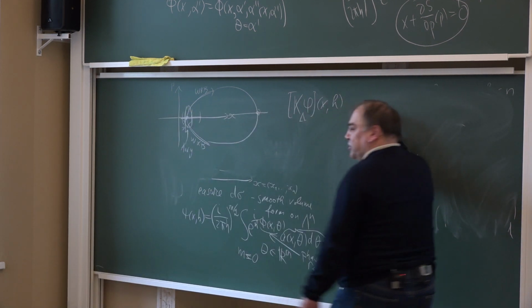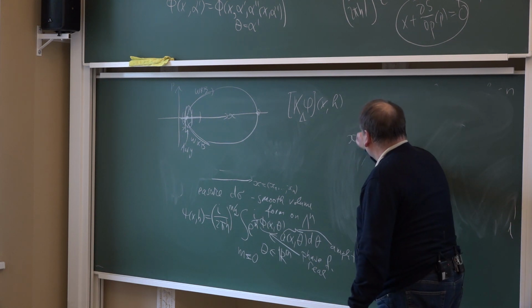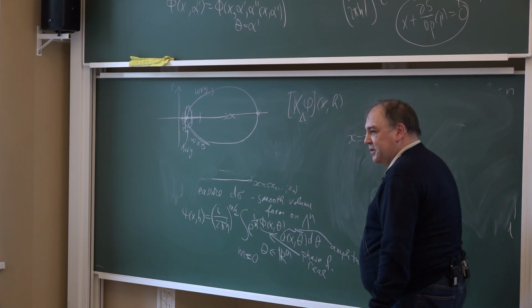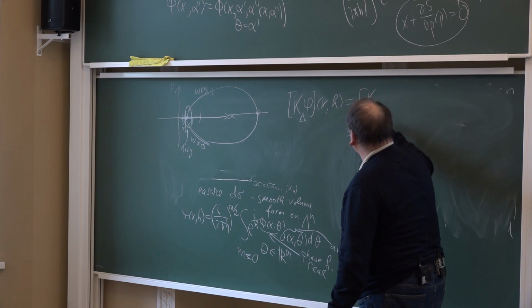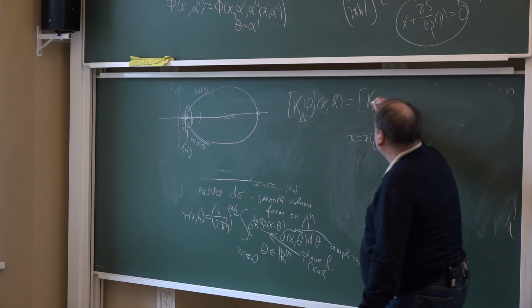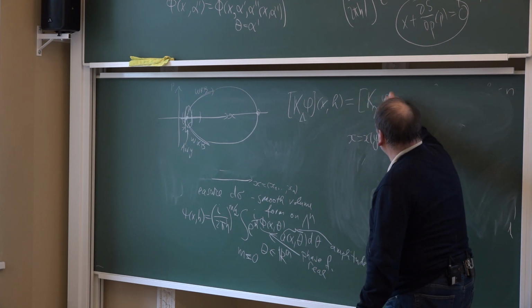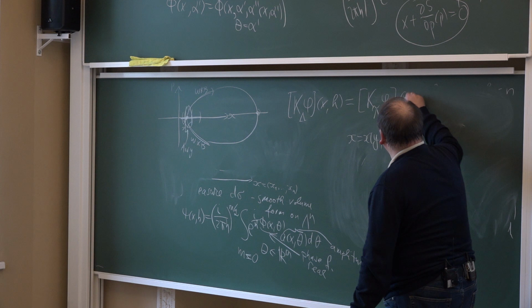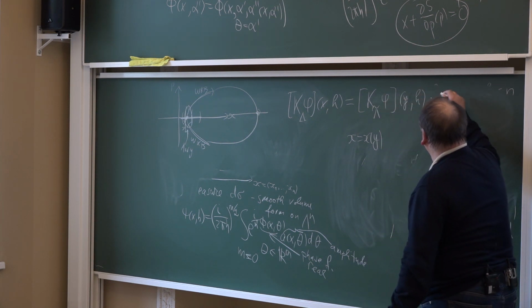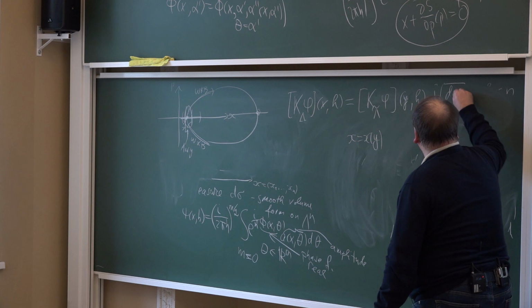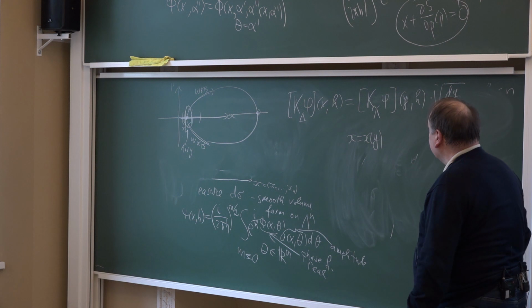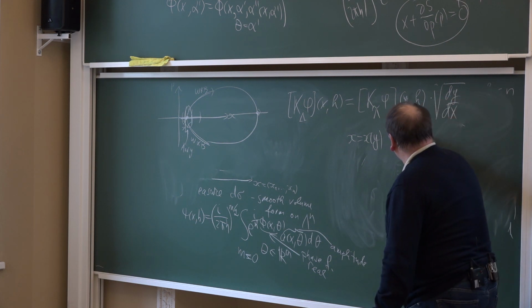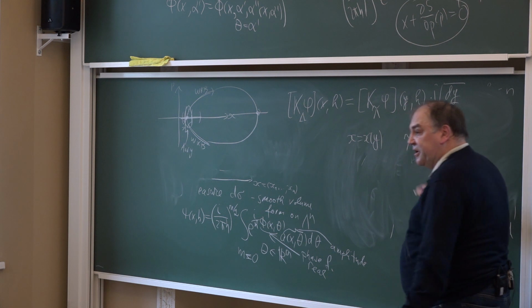Let us make a change of variable, x is x of y. Then this is equal to K on some different Lagrangian manifold lambda tilde applied to phi of x of y and h, times the square root of the Jacobian.